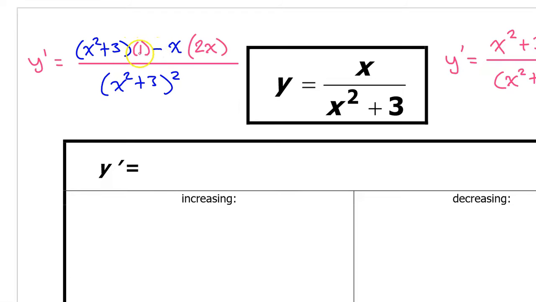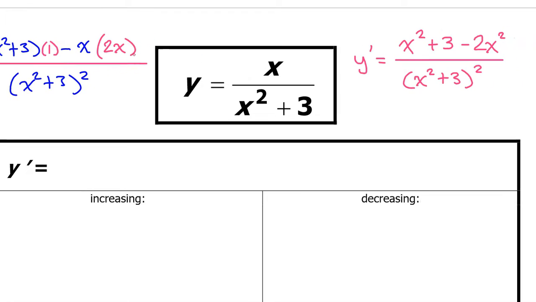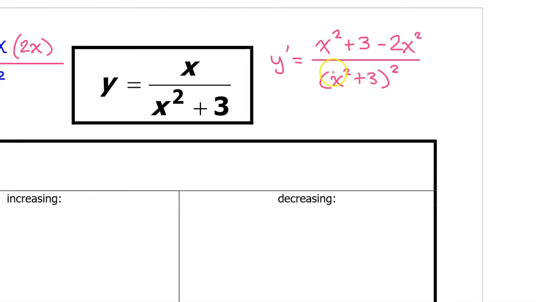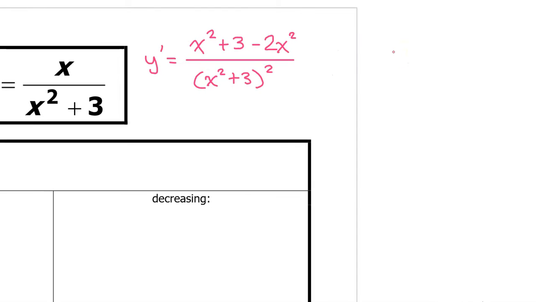This 1 is not really doing anything, so I can just write x squared plus 3 without parentheses, and then we had this minus x times 2x, which is negative 2x squared. But these are like terms. X squared minus 2x squared is negative x squared. So y prime is negative x squared plus 3 over x squared plus 3 squared.